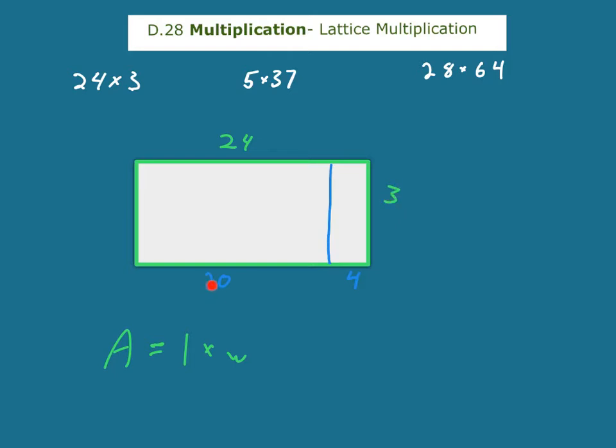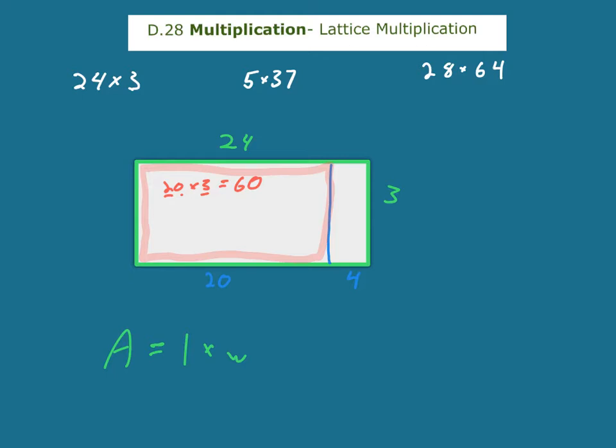So if I want to find the area of 20 times 3, right, I can do that. And so I'd be talking about the area then of this red box right here. The area of this red box would be 20 times 3, which is equivalent to 2 times 3 is 6, add a 0, 60. So the area of the red box is 60.